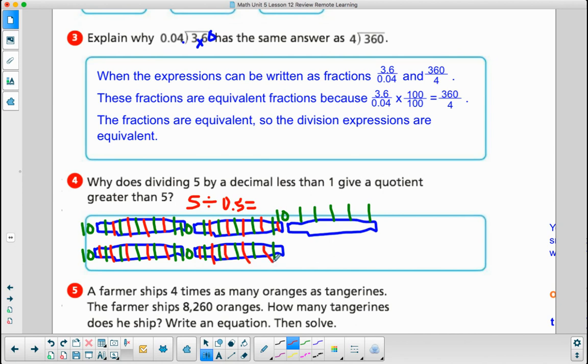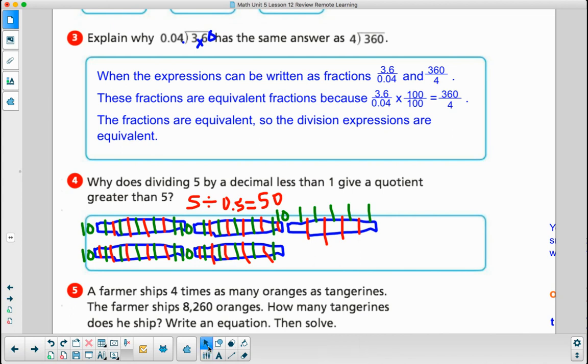No, I'm still doing it wrong. 10 in that one. 2, 4, 6, 8, 10 in that one. So 10, 20, 30, 40, there would be a total of 50 5/10ths in each one.